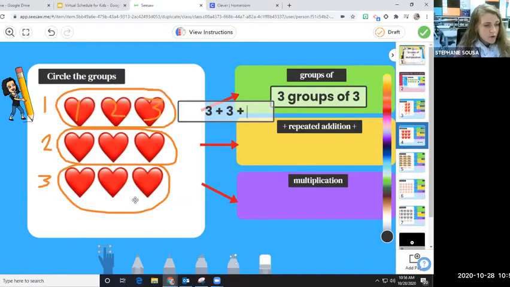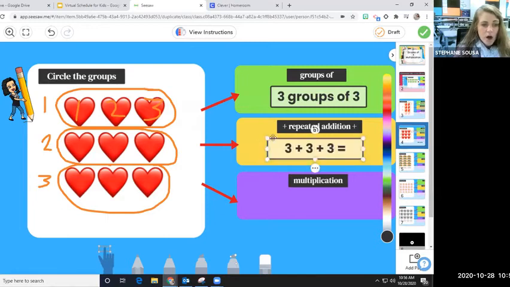Our third group has 3 hearts. If we were to count all of the hearts, we would have 3, 4, 5, 6, 7, 8, 9. 9 hearts. So I would put a 9 as my answer.